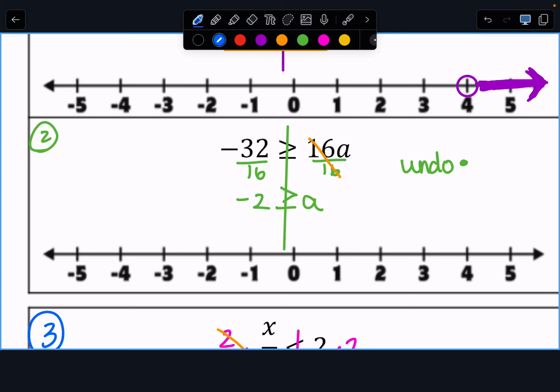So rewrite this so that a and negative 2 switch places, and our inequality sign has to still open towards whatever it was opening to originally. Since it's opening to negative 2, I need it to be doing that here also.